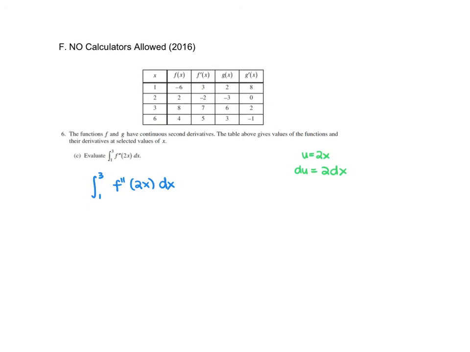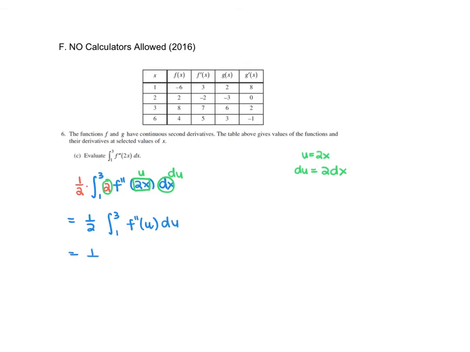So right here, this becomes u, and we're missing the 2, so I need to multiply by 2, and then by 1/2, so it cancels out to become 1. So the 2 dx becomes du. So we end up with 1/2 integral 1 to 3 of f double prime of u du.